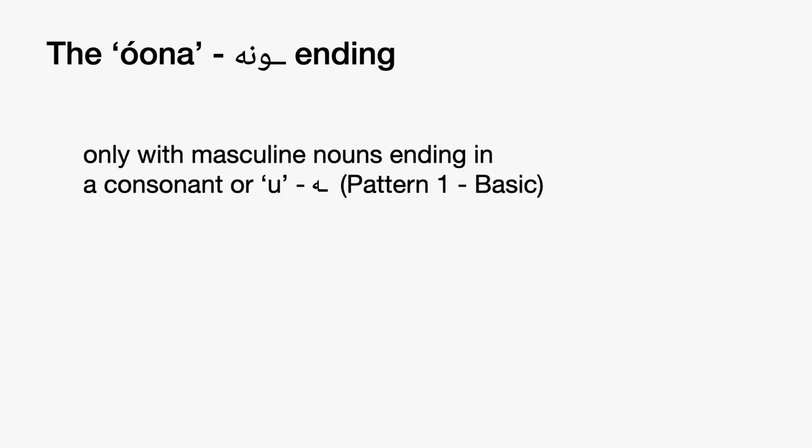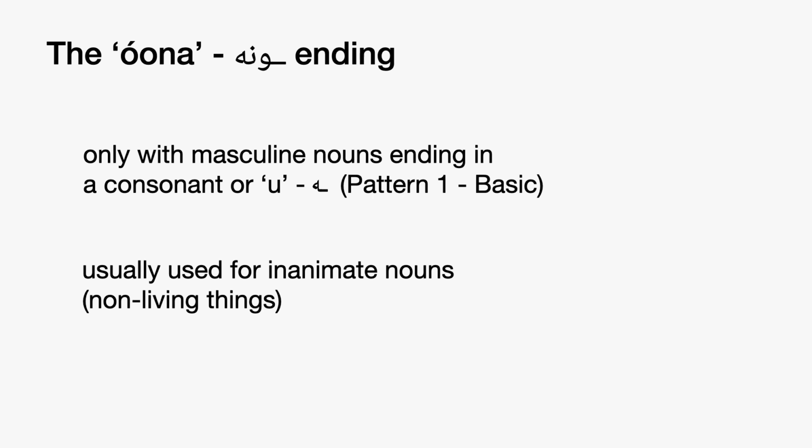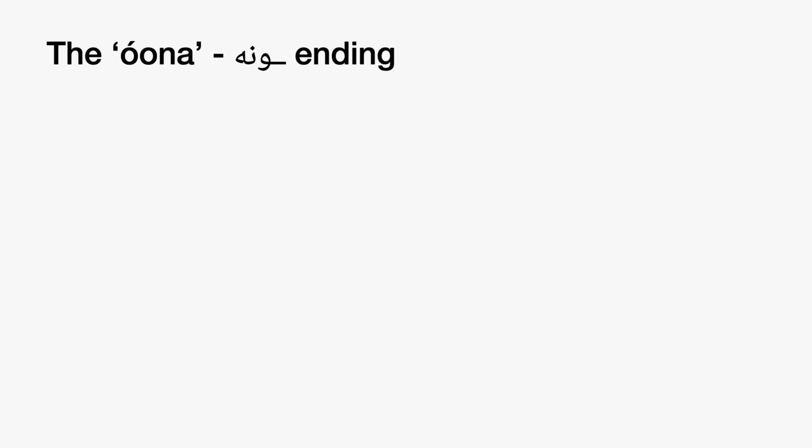Now, these are only used with masculine nouns ending in a consonant or a schwa, in other words, the pattern 1 basic forms of nouns that we saw in the previous videos, the masculine forms. And it's usually with inanimate nouns, so non-living things like books and houses and other things that are not people or animals, living things.